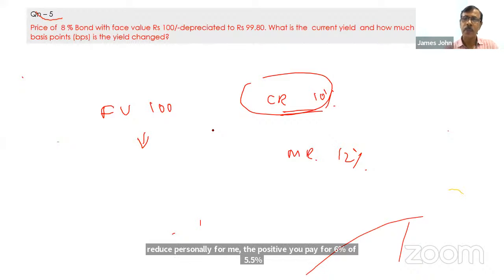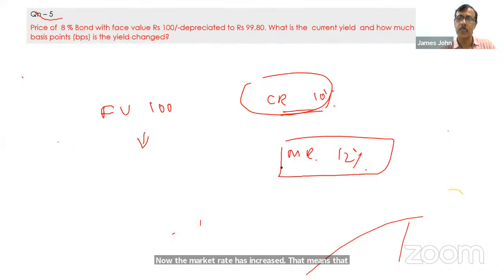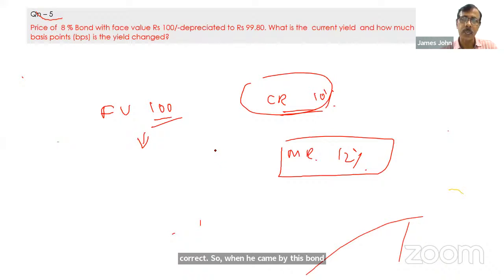So here the coupon rate is 10%. Now the market rate has increased. Suppose a person wanting to invest can get a 12% return. Will he buy this bond? It is giving only 10% return. He will not go for this bond.